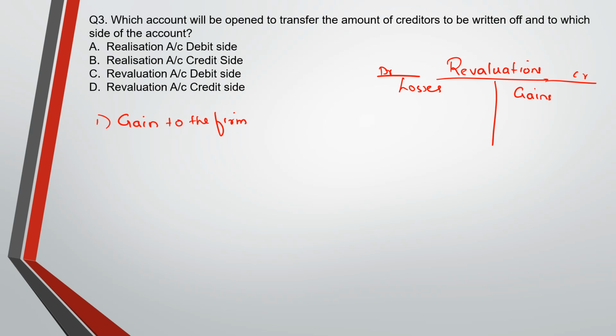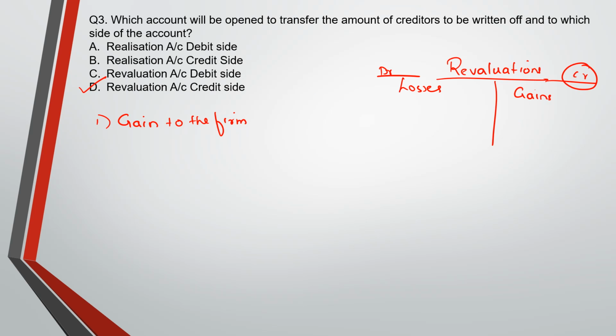Now here, creditor being a liability no longer payable, it's been written off, which means we don't have to pay a liability, which is a gain to the firm, and therefore it would come on the credit side of the revaluation account. So the correct option for this answer is revaluation account credit side.